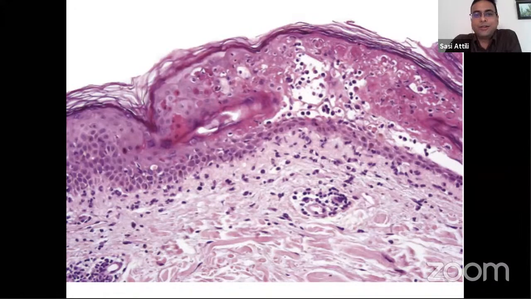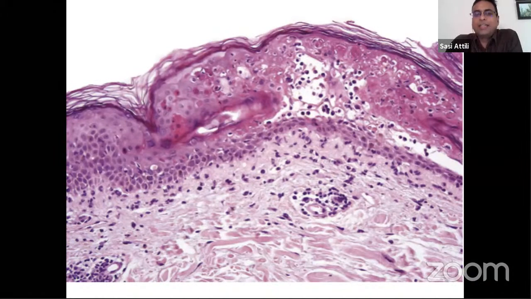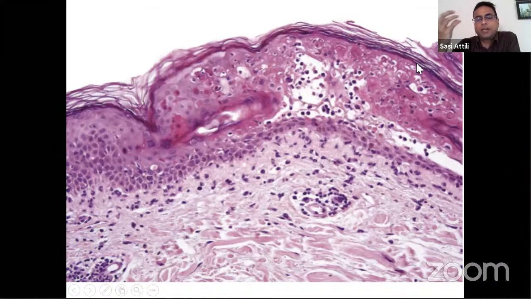Oh, I see. Okay, so some of them have written in the chat, toxic epidermal necrolysis. Yes. So this is definitely the TEN erythema multiforme spectrum. This is a case of erythema multiforme. And the typical clue is that in the presence of epidermal necrosis, if you're seeing basket weave, it means the epidermal keratinocytes have not changed, it's just an acute reaction. Therefore, you're still seeing the basket weave pattern.